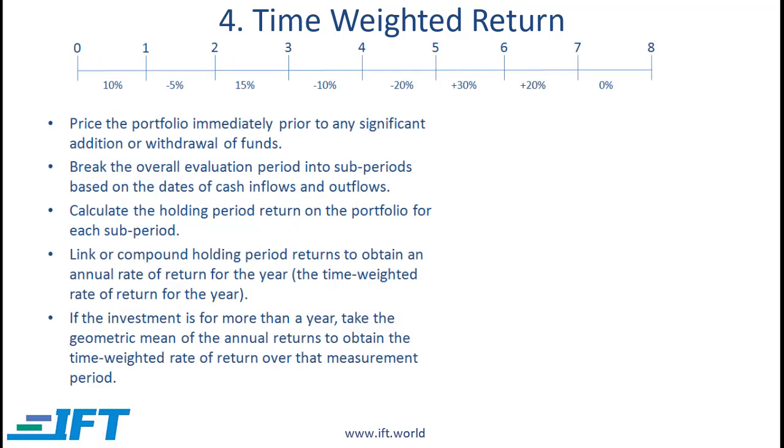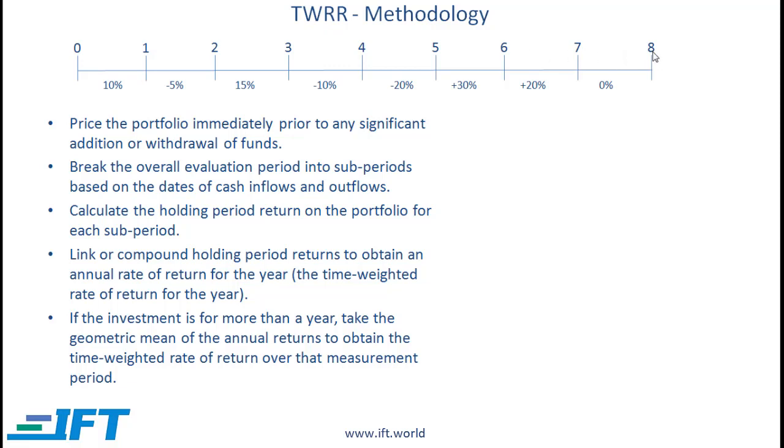So let's look at the overall methodology now for calculating the time-weighted rate of return. We have a 2-year period where cash inflows and outflows are happening at the end of every quarter. And in a 2-year period, we have 8 quarters.